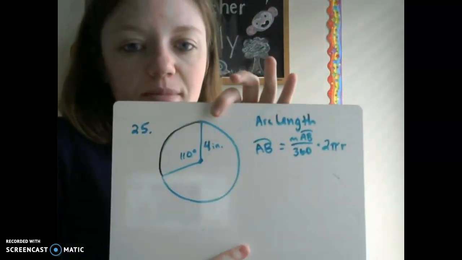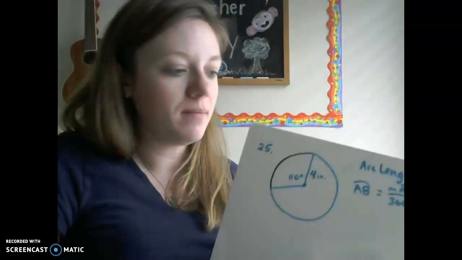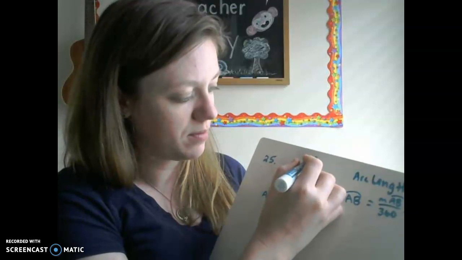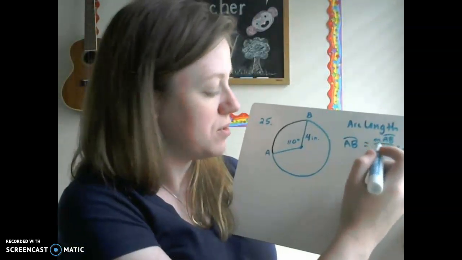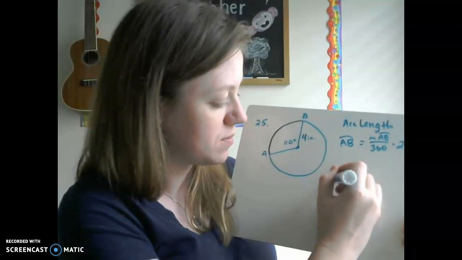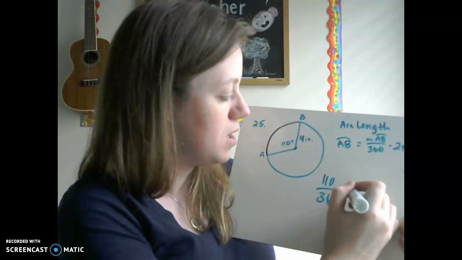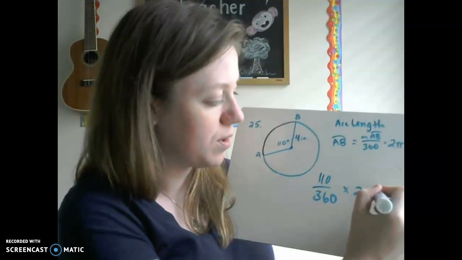So let's look at number 25. This is the diagram that we have. So the measure of arc length AB, we'll say this is A, this is B, whatever arc length they're giving you, equals the measure of AB, which is 110 degrees, divided by 360, times 2 pi times 4.